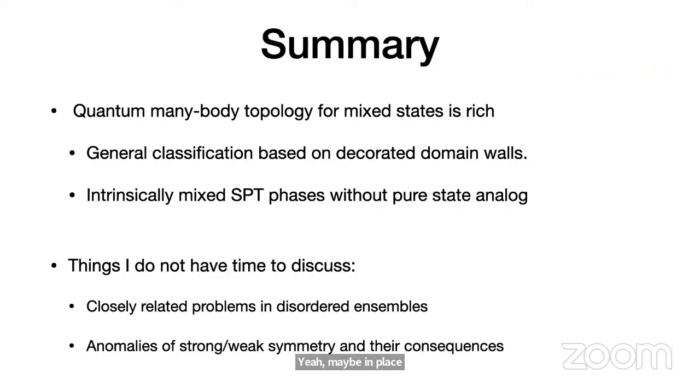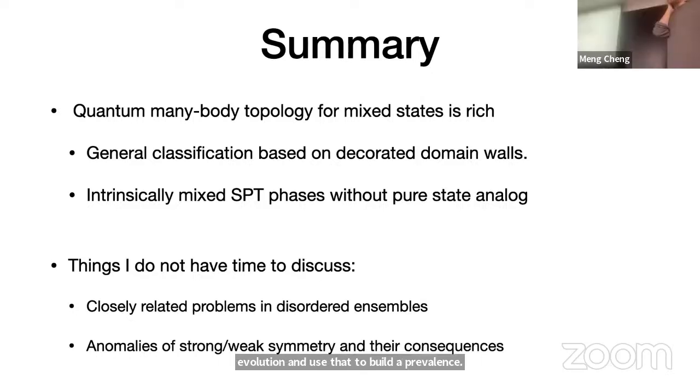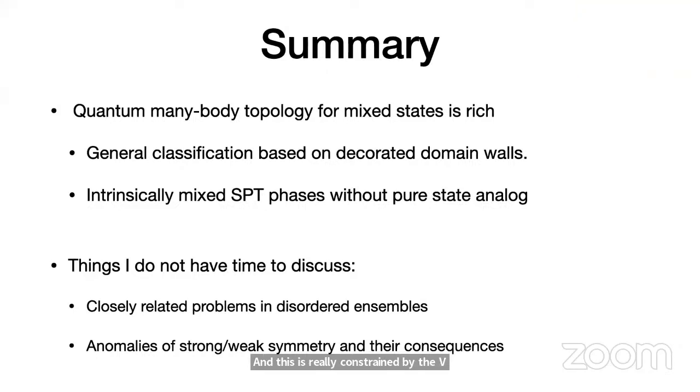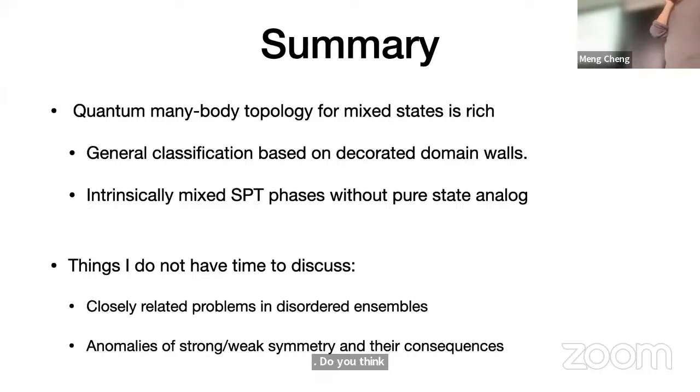And another probably related question is, in the case of pure states, we talk about unitary evolution and use that to build equivalence. And this is really constrained by the Lieb-Robinson bound. Do you think there exists a similar thing for a mixed state classification discussion? Yeah, that's a great question.